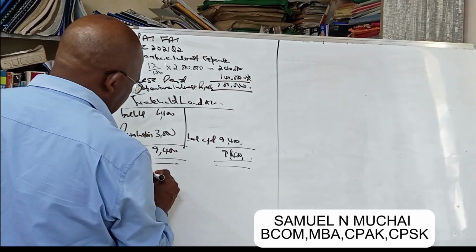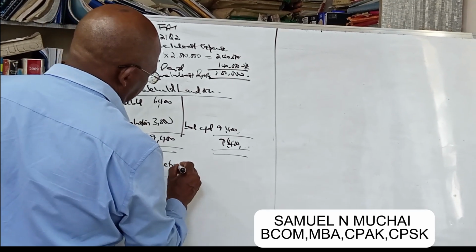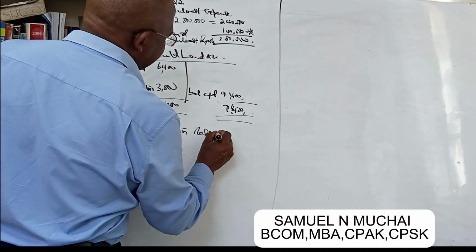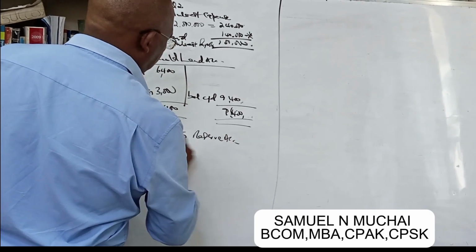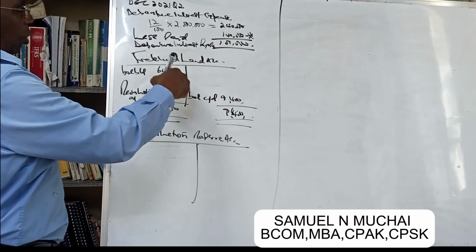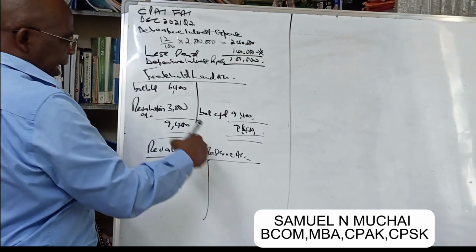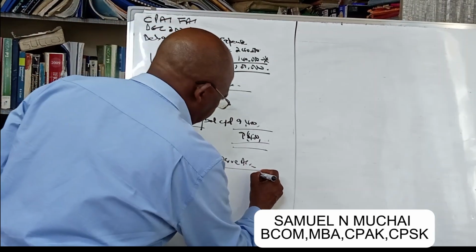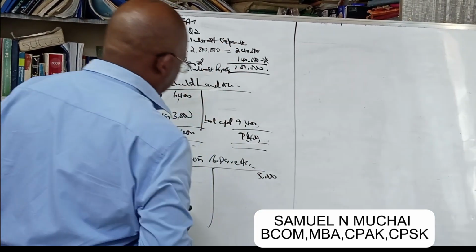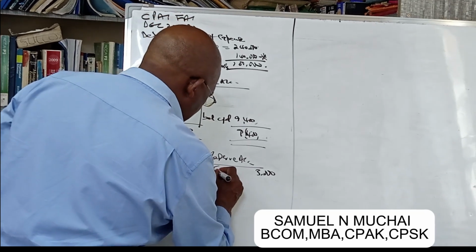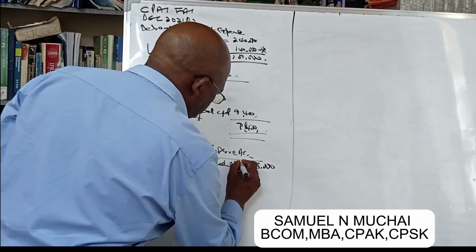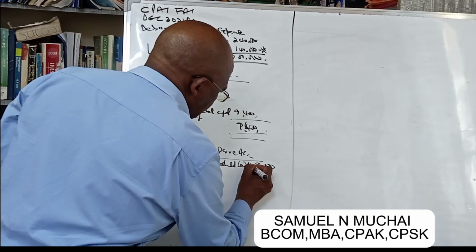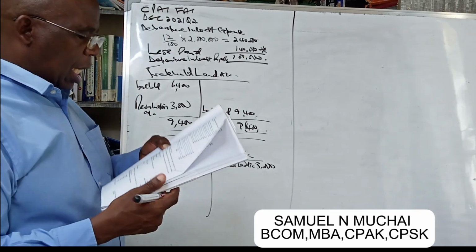If we were to create our revaluation reserve account, we debit freehold land to increase it with 3,000 as we credit revaluation reserve with 3,000, and we say it is from freehold land.